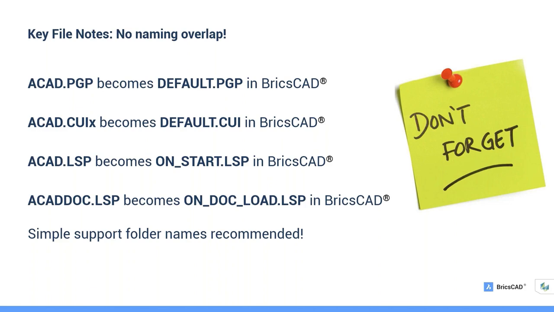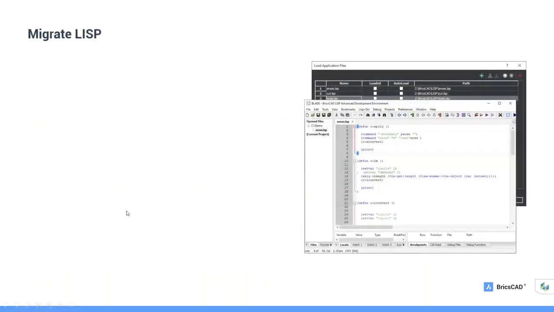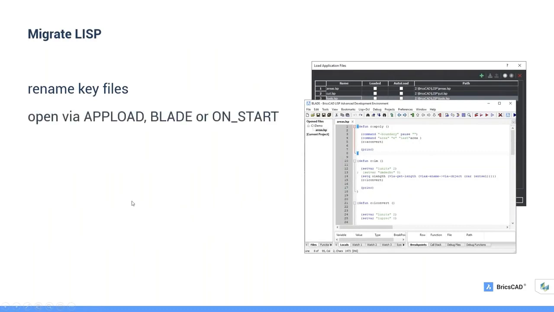By renaming away from that standard, we not only get no file collisions, but we sidestep that problem as well. Those are some of the reasons why we have a few default file names. So when we migrate to Lisp, we're going to have to do a rename. I want to show you how you can load and look and examine your code.